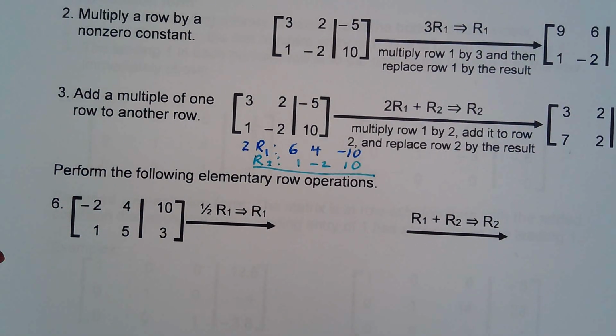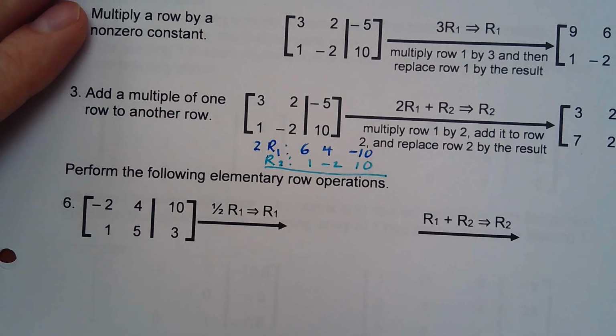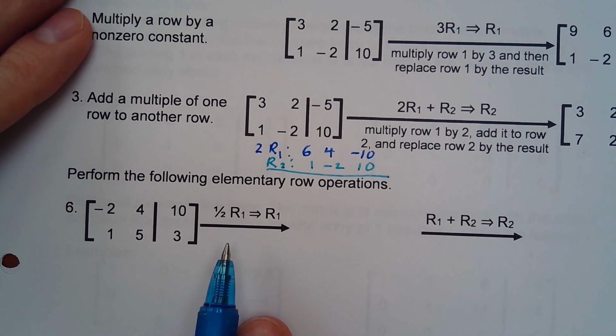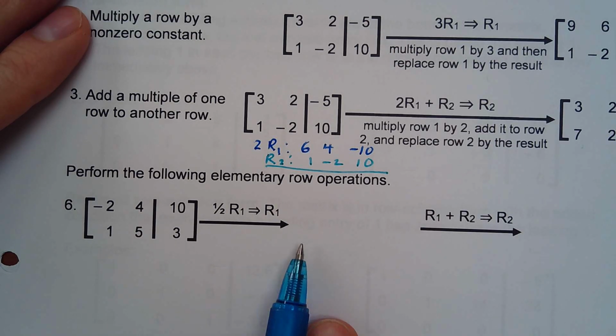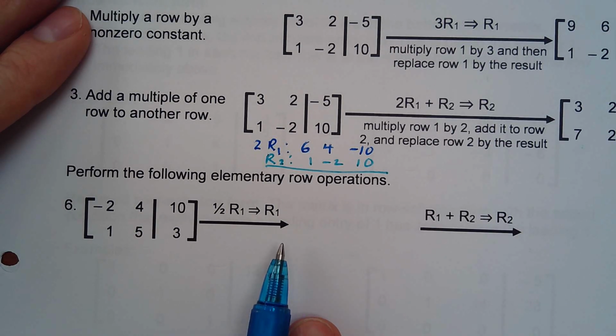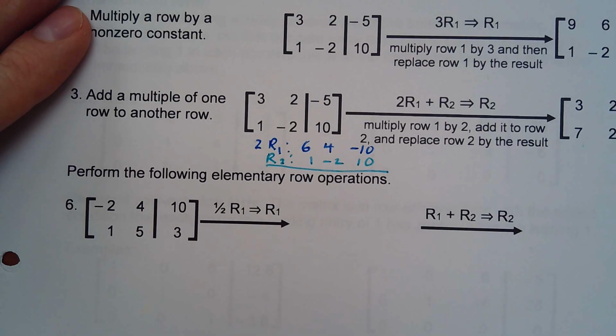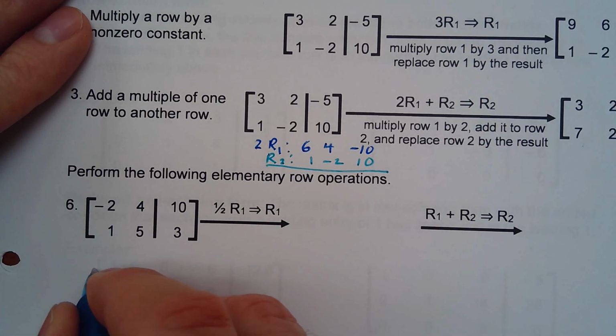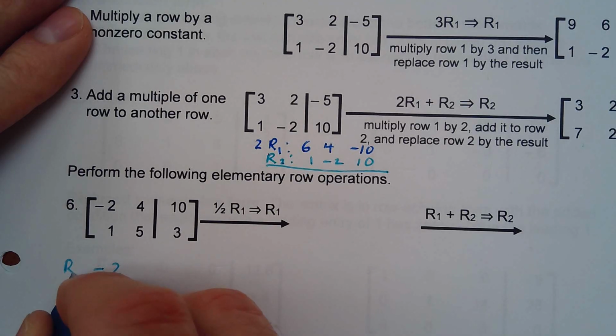So let's go ahead and do some problems here. They're telling us what operations we need to do. So I want to take 1/2 of row 1 and make that my new row number 1. Basically, I'm going to take each element in row number 1 and divide it by 2.